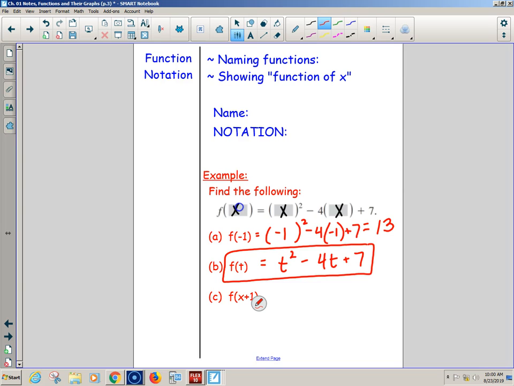Then 7, well, it's just plus 7. It's 12, not 13, because that's 11, and 11 plus 1 is 12. So you guys agree now? Yes.